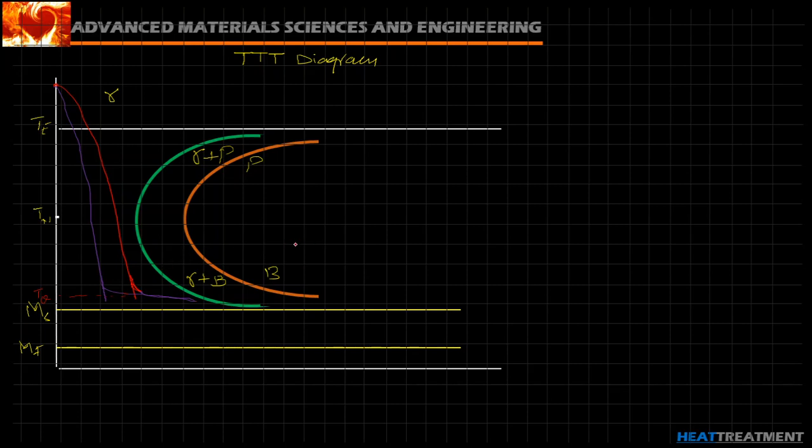So we find that above the start of the martensite, there is a time lag for the unstable austenite which has to transform to bainite, and before that transformation you further cool the austenite, let it transform to martensite.